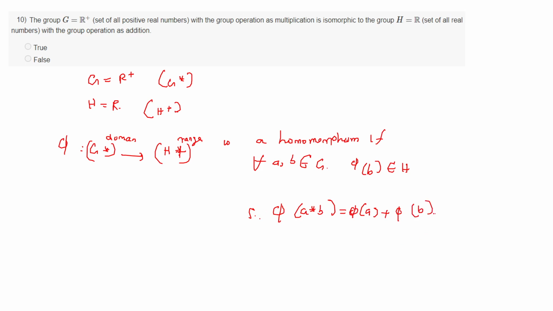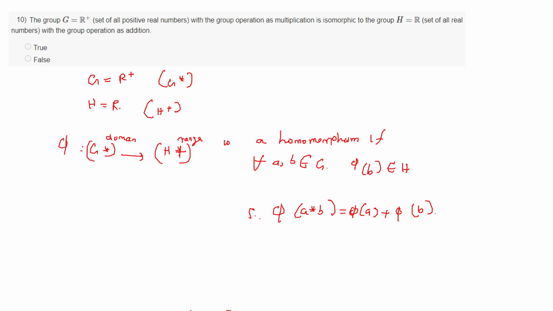Now a homomorphism that is both one to one and onto, we know that, right? It is an isomorphism, because of the surjective property.